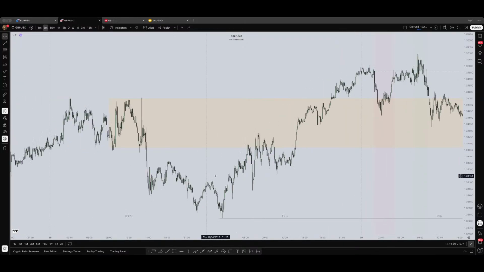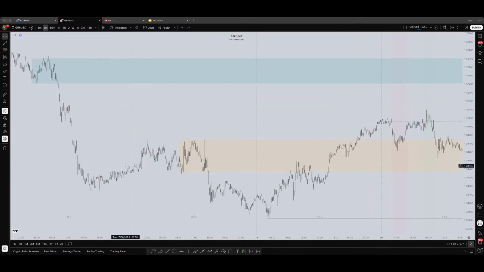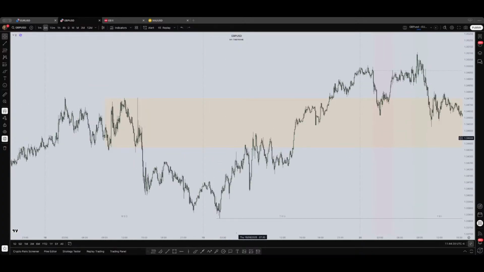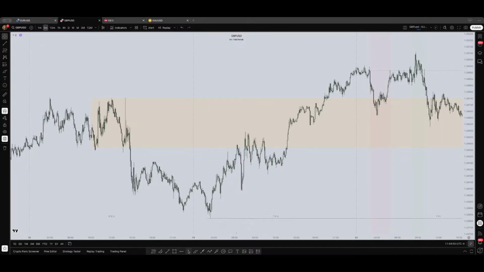If I don't remember, let me check. Wait. This is GBP/USD Thursday. Let me check the calendar of the last week. GBP/USD Thursday at 7 a.m. Yeah, 7 a.m. Thursday.